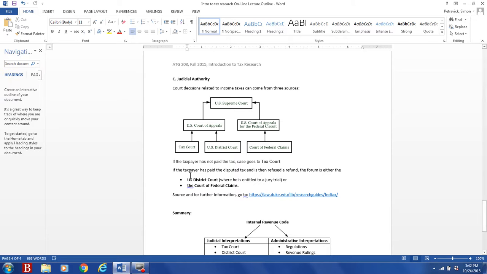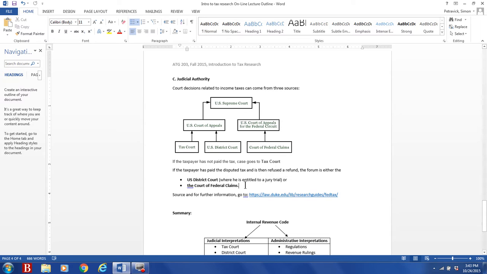The U.S. District Court is the general court of claims, and so they can hear many types of cases, one of which is a tax-related matter, and in the case of a district court, a taxpayer would be entitled to a jury trial.